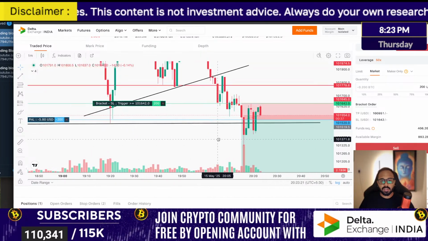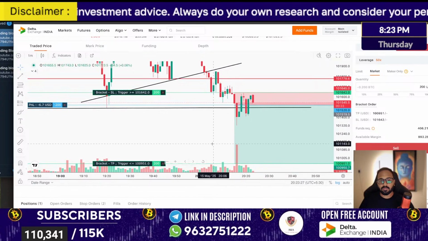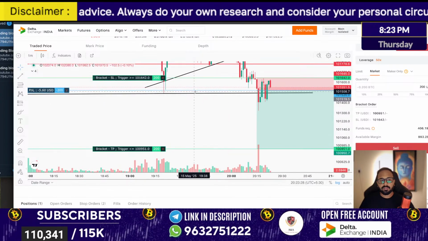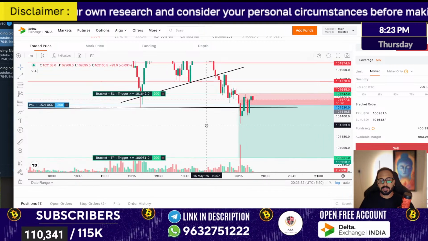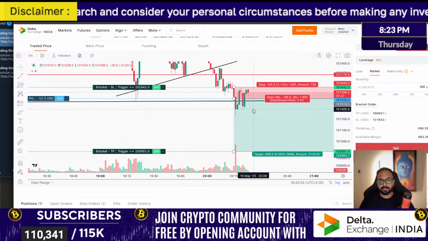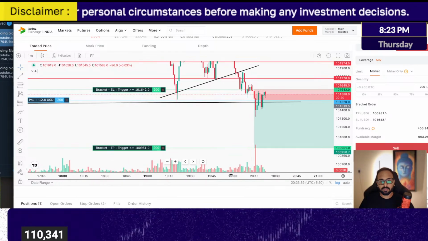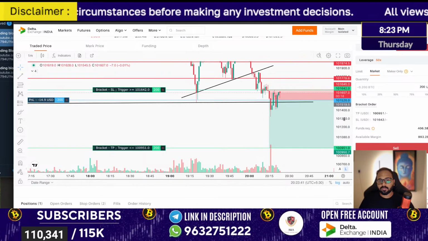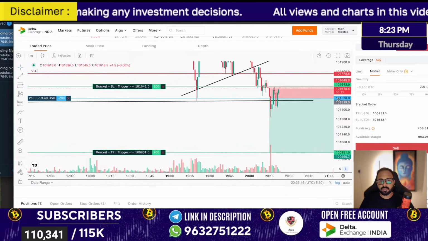Selling pressure is there. On one hour time frame, market has given a breakdown. That is an important thing for us. Buying pressure, buying pressure.